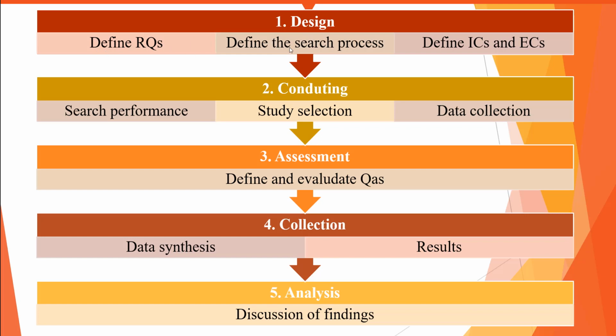The next one is to define the search process, and the third one is to define the ICs and ECs, that means the inclusion criteria and exclusion criteria, what we can use in our research and what we don't use in our research. And the second step is conducting, which includes the search performance, study selection, and data collection.